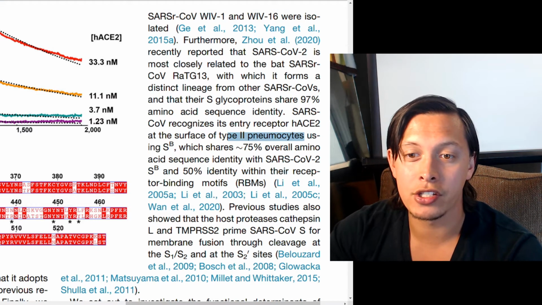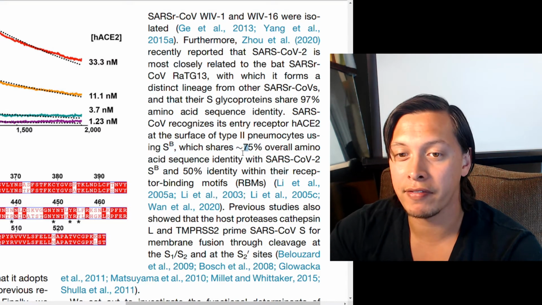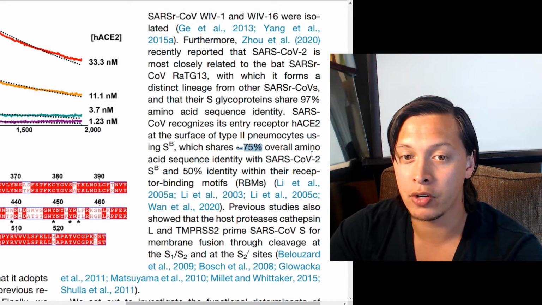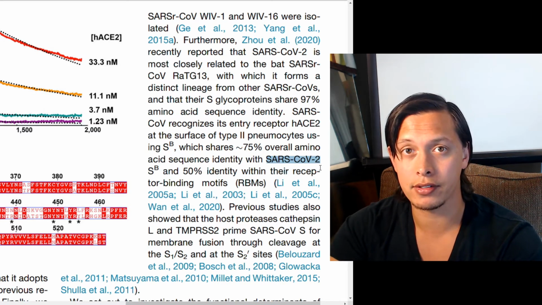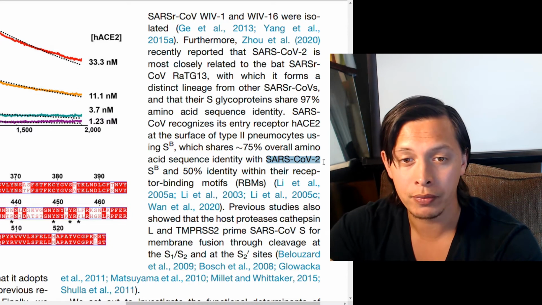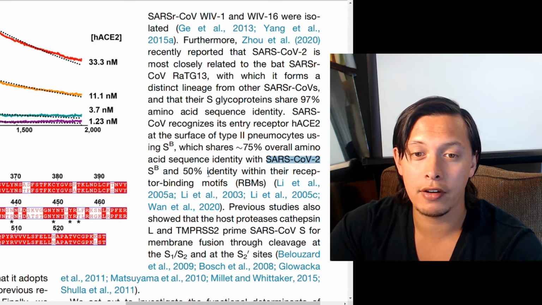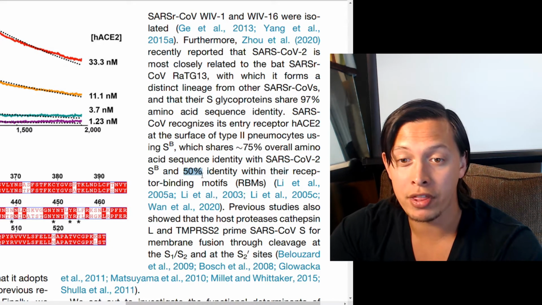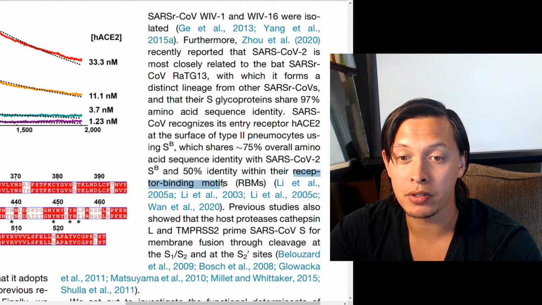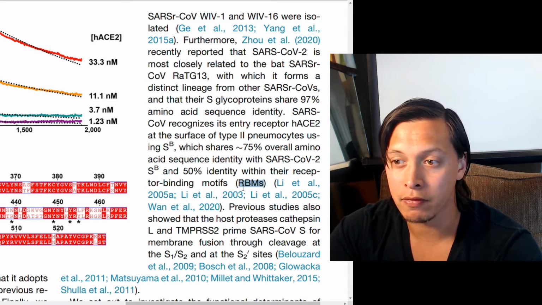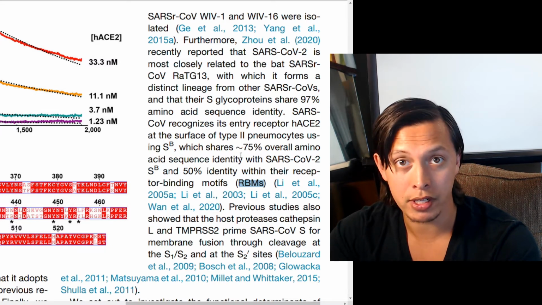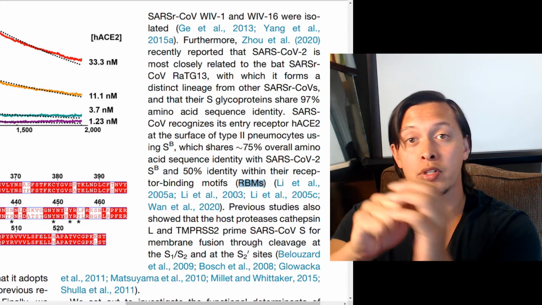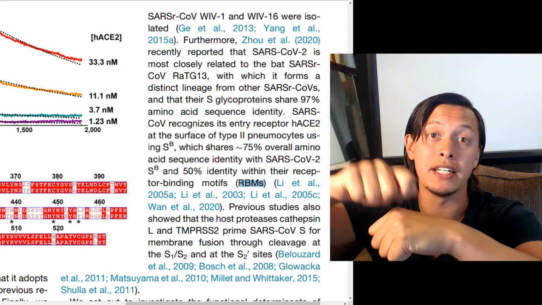And it shares about 75% overall amino acid sequence identity with this new SARS-CoV-2, and 50% identity with the receptor binding motif. This receptor binding motif is a small part on the spike protein, the part that's doing the work of binding with the ACE2 receptor.